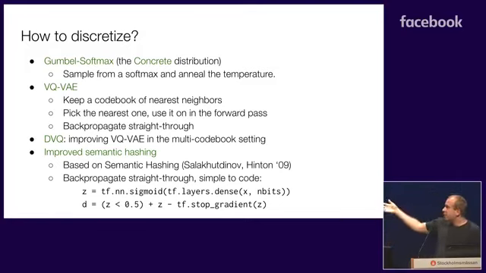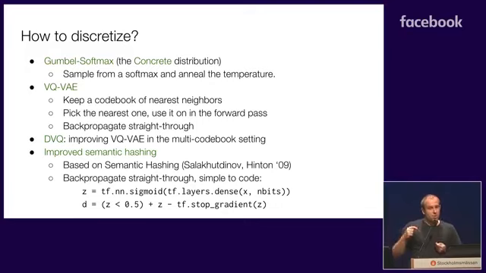Another method that we used is improved semantic hashing, which is based on the old semantic hashing idea. You make a vector with as many bits as you want. You put a sigmoid, so the values will be between 0 and 1. On the forward pass, you simply make it 0 if it's smaller than half and 1 if it's larger than half.